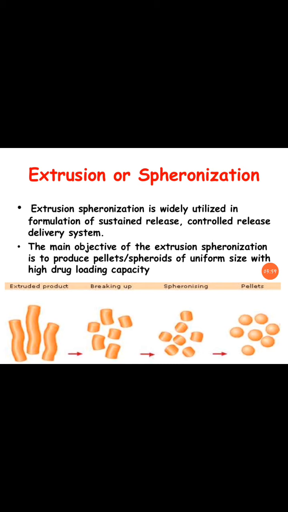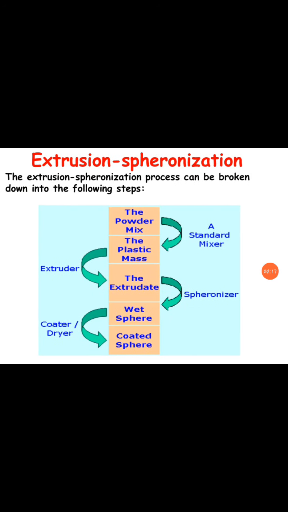So the various stages are: the extruded product of drug and polymer is broken to the desired size. Then it is made into spherical shape by using a spheronizer to obtain the pellets. Conventionally, the steps involved in extrusion spheronization are: the powder mixture obtained is mixed to get a plastic mass.